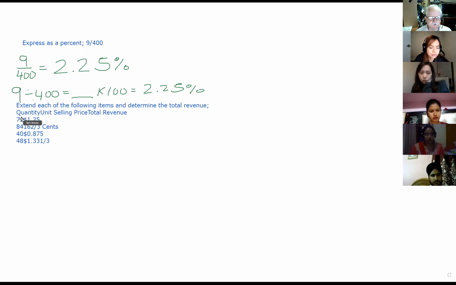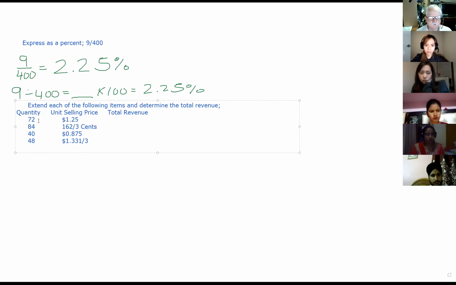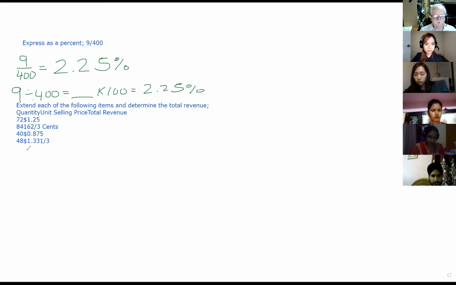Trying to see if I can separate these two. Yeah, that works fine. So I'll leave it like that for a minute. So we're doing, oh, that didn't work.